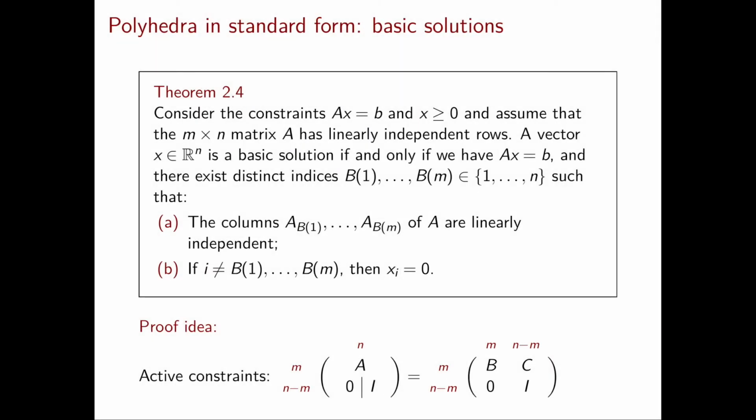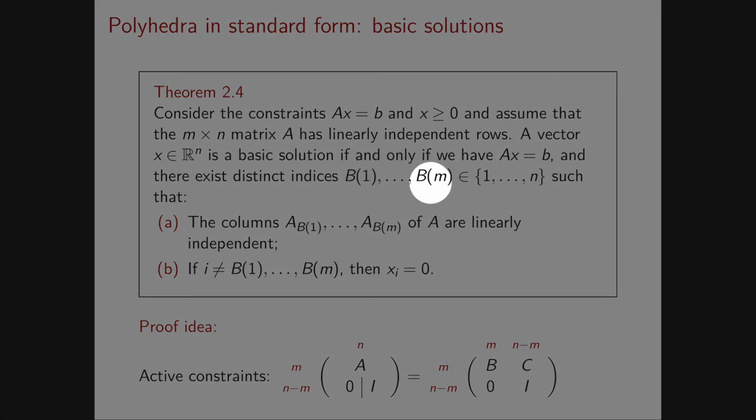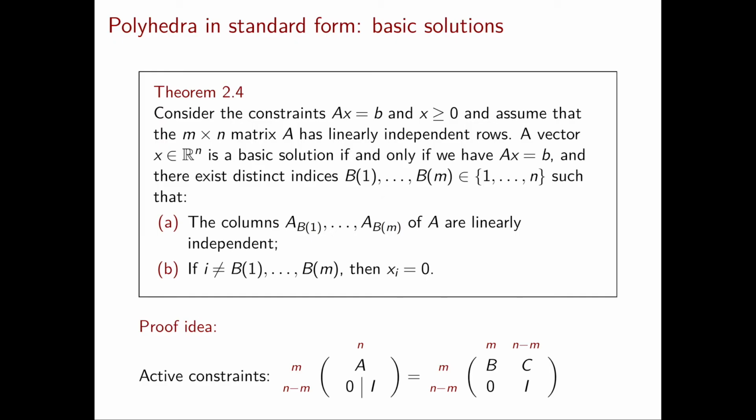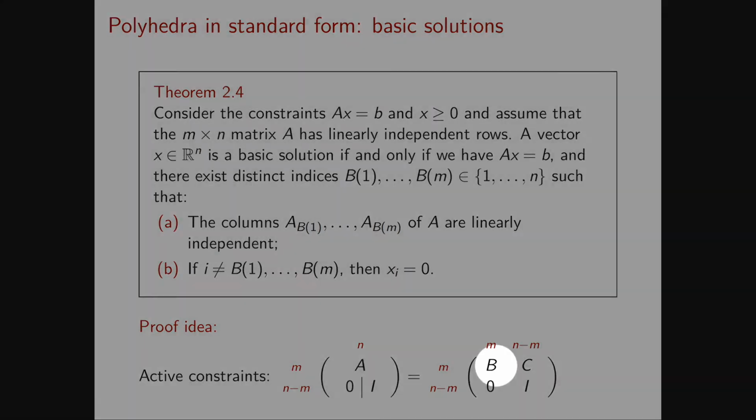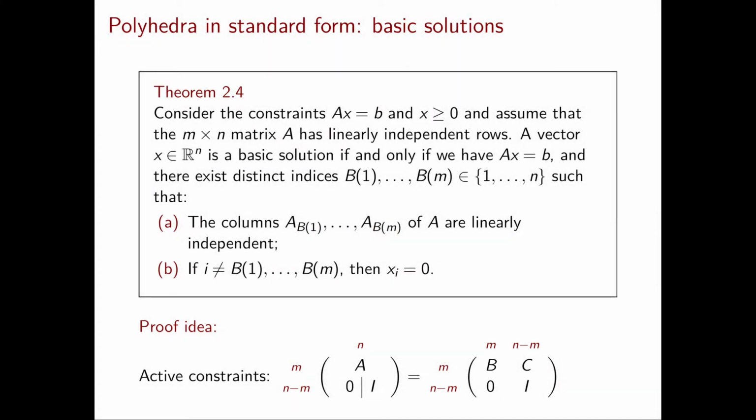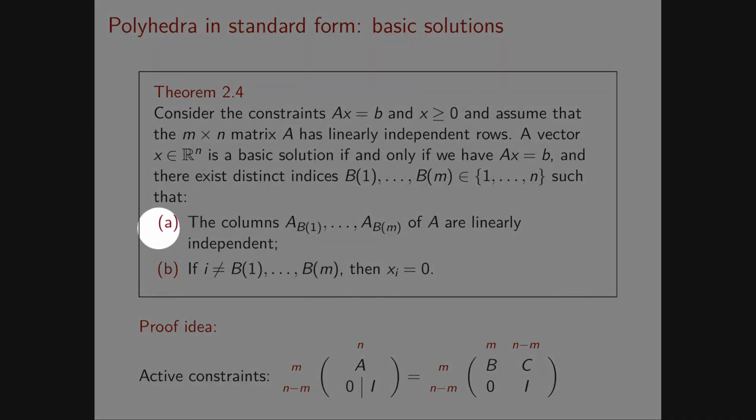In this theorem, the indices B1 until Bm exactly correspond to the indices of the columns of B. In our proof, for simplicity, we assumed that these were exactly the first m indices, and we restricted to this setting by eventually renaming the variables. In particular, when we said that the columns of B must be linearly independent, this is exactly what point A here says.